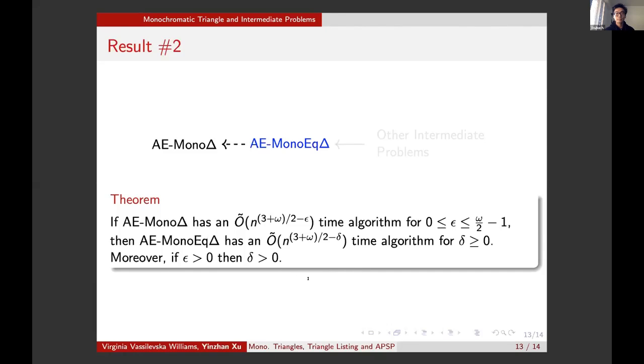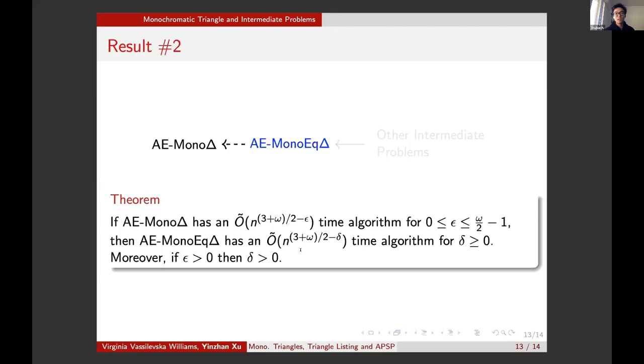First, in the case when epsilon is 0, the precondition of the theorem basically says that if there is an algorithm that runs in n^((3+omega)/2) time for all-edges monochromatic triangle, which is essentially known, the consequence is that we have an Õ(n^((3+omega)/2 - delta)) time algorithm for all-edges mono-equal triangle.